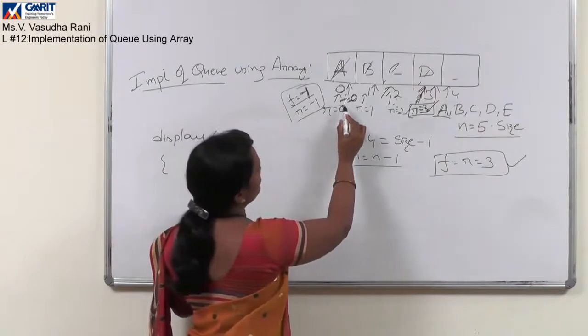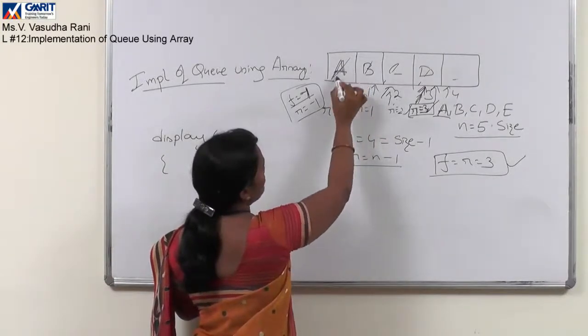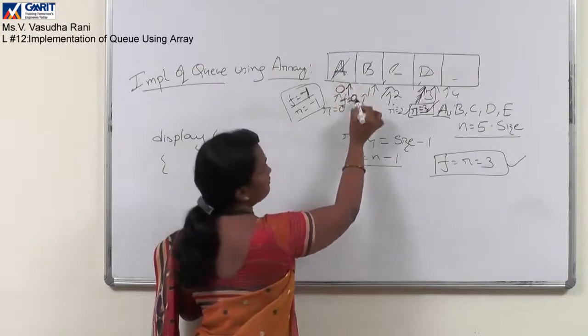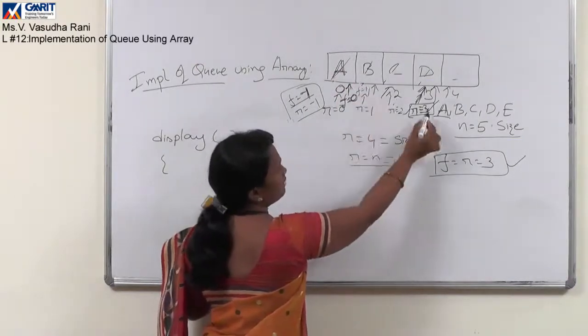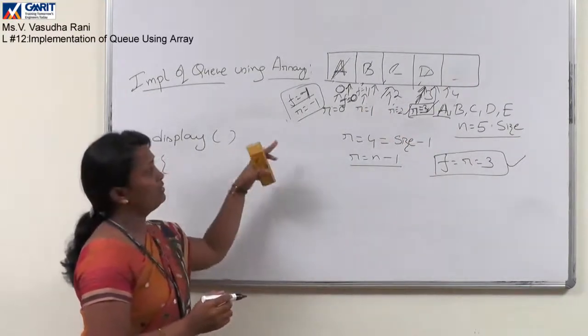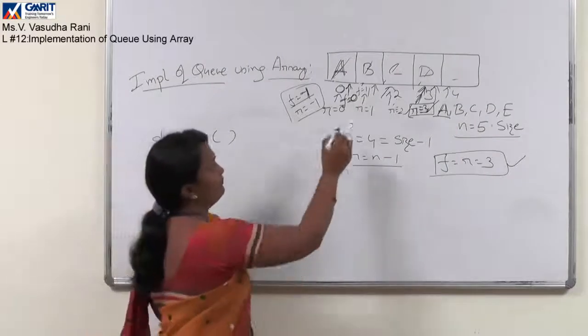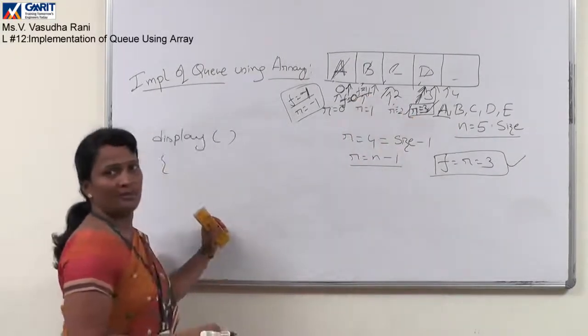Here you can observe that the front, the 0th location, we cannot refer to; from front 1 to rear 3 we can access the values from the array.